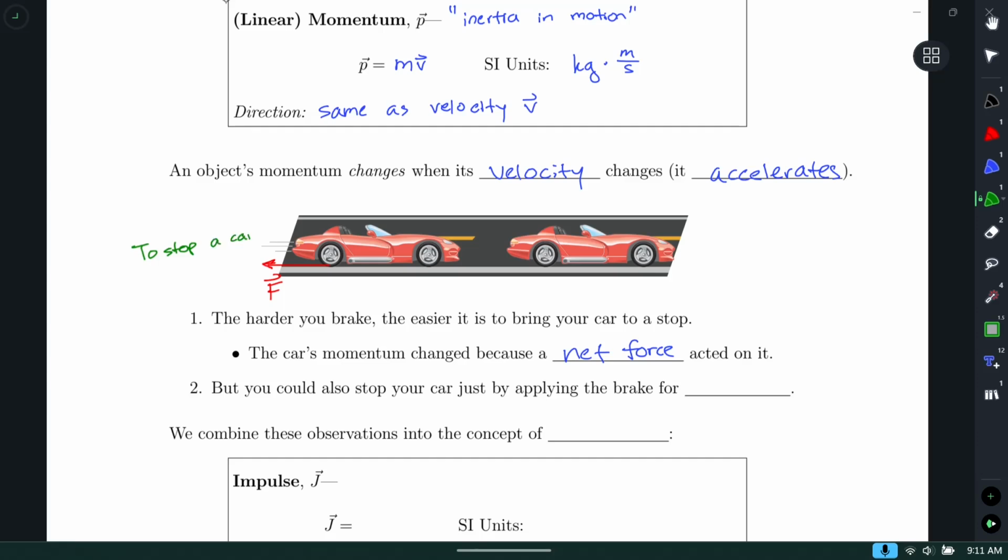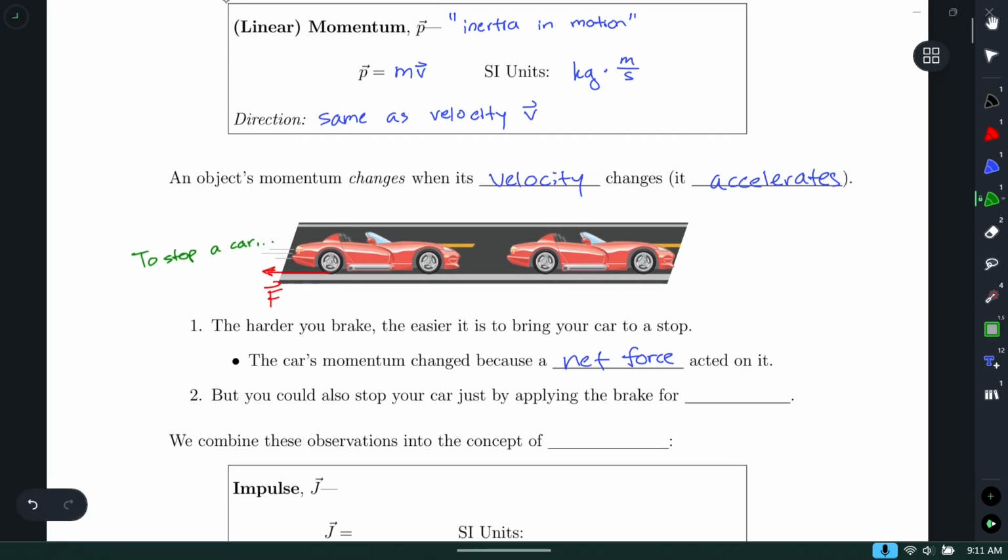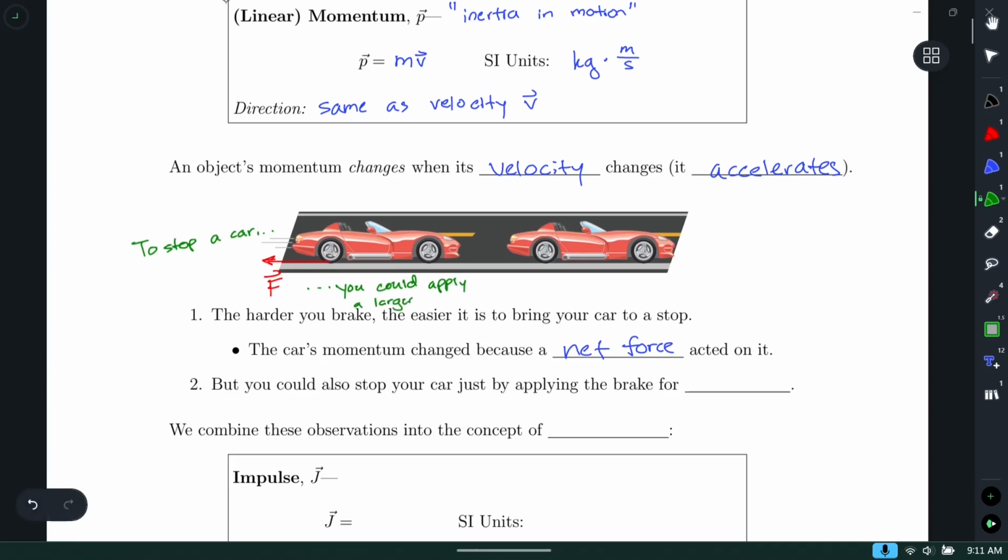So to stop a car, one option is you could apply a larger force. If it's got lots of momentum, you'll need more braking force in order to bring the car to a stop.